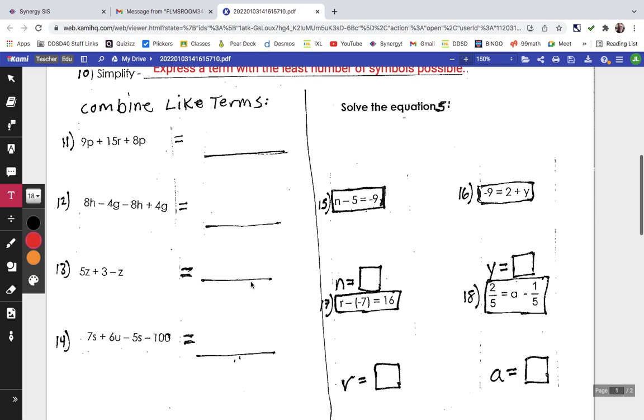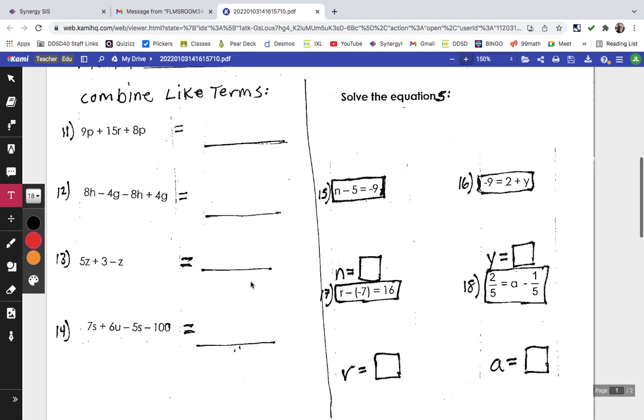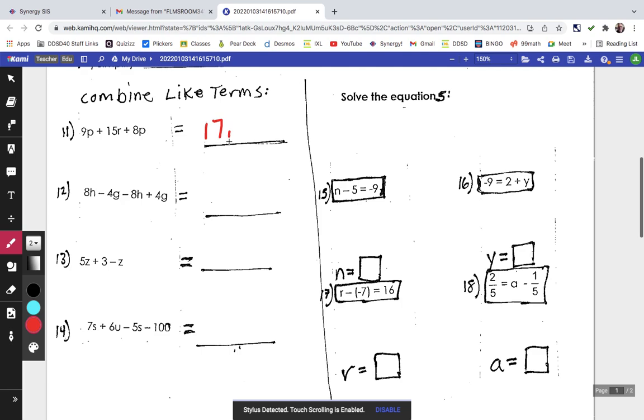All right, so like terms, starting with number 11. Let me get my pencil out here. So 9 plus 8 is 17. So there's 17 of the letter P and there's 15 of the letter R. This also could have been written 15R plus 17P.